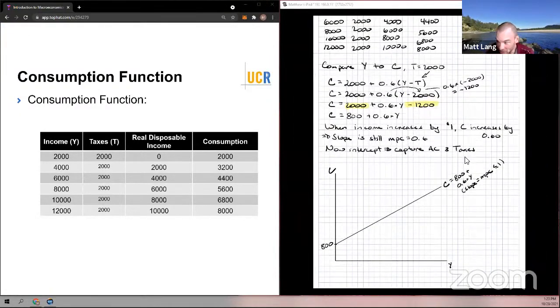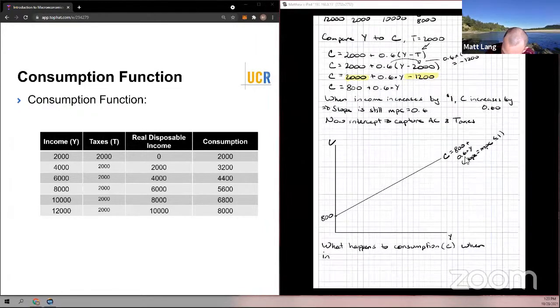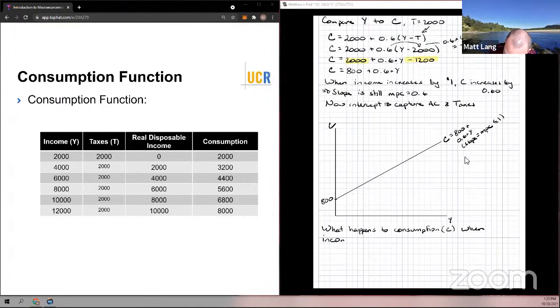So what I want you to get from this, and there's so much packed into this, is that we can ask the question: what happens to our consumption, C, when income increases by $2,000?